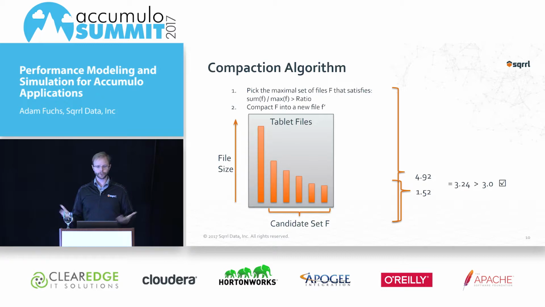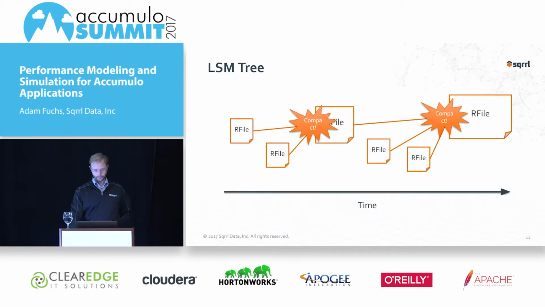And basically what we do is we take the maximal set that has a ratio bigger than that configured ratio and compact those together. So in this case, if 3.24 is bigger than our configured 3.0, we get a check mark and we kick off a compaction.